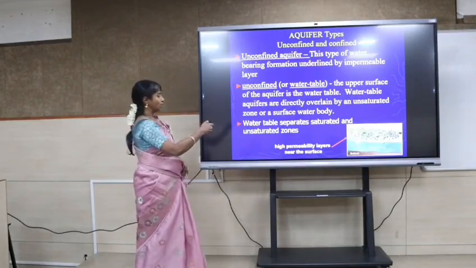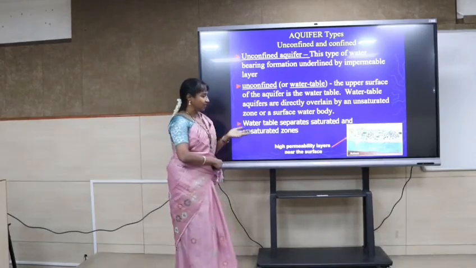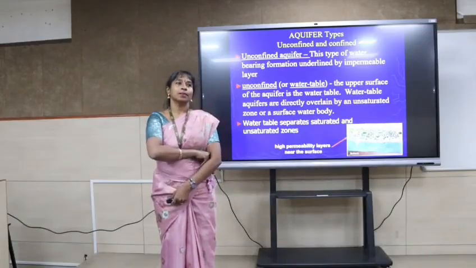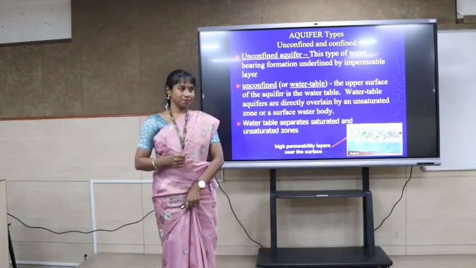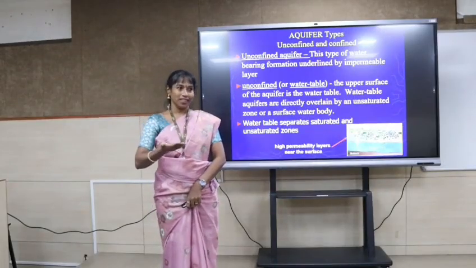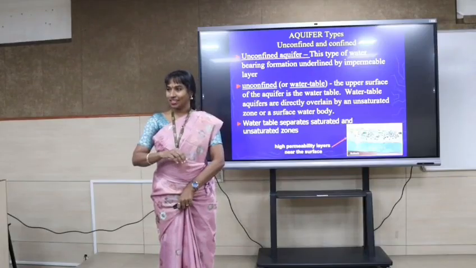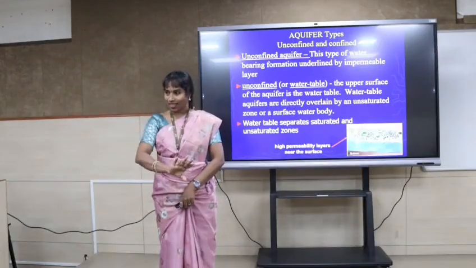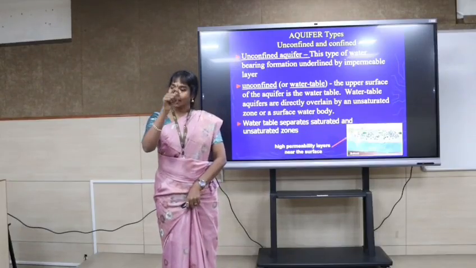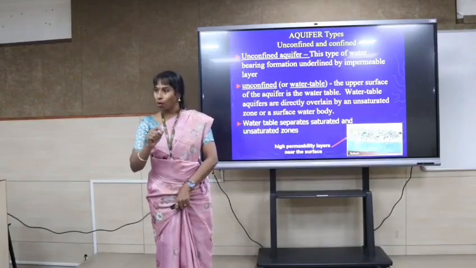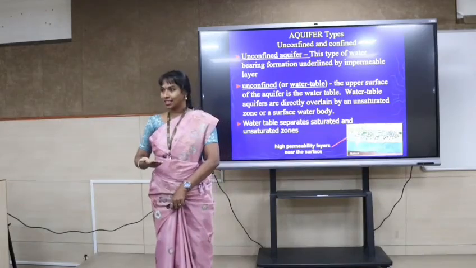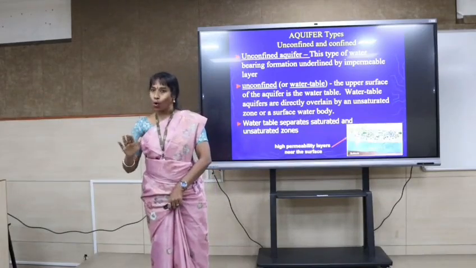So now for the type of aquifer, unconfined, you can remember your birthday cake you are getting, no? At the bottom you will have one cardboard, something like that. You assume that as a plastic one, and above that we have our cake. That cake has many pores. That is our aquifer. Whereas the plate under that doesn't have any pores.